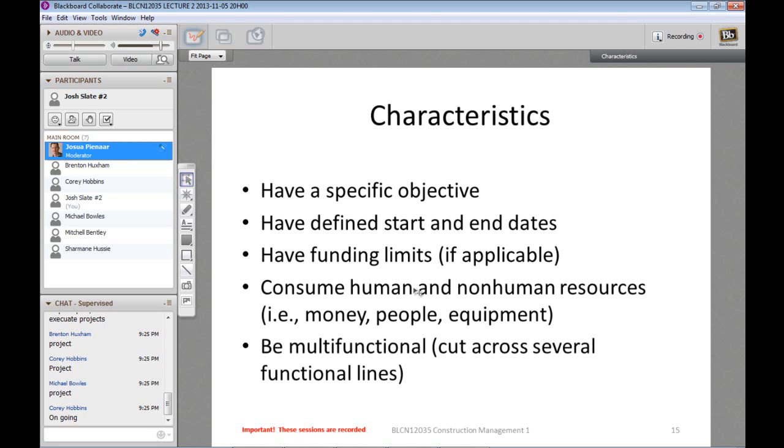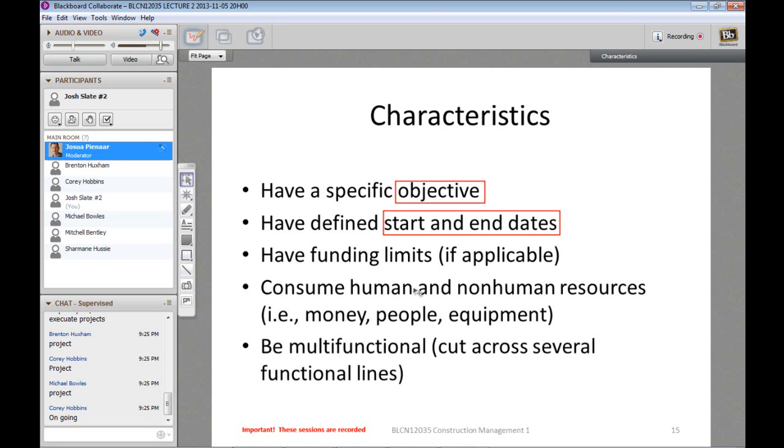So important, have the objective. The objective is to create that new car and have a start and end date. Most projects that we work on will have a start and end date. If they don't have a defined start and end date, obviously we'll call it something different, because those are just the characteristics of a project. It's an ongoing concern, an operational concern, if there are no end dates and no starting dates.